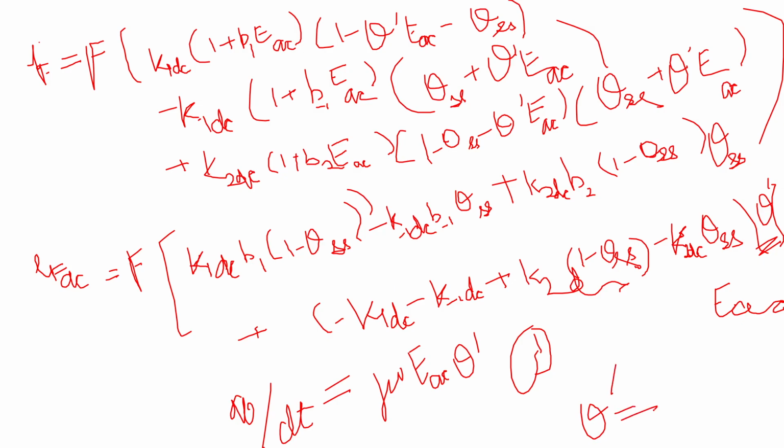Where you will get θ dash as something like B1, B minus 1, K minus 1 DC, θ SS, plus K2 DC, plus jω γ.